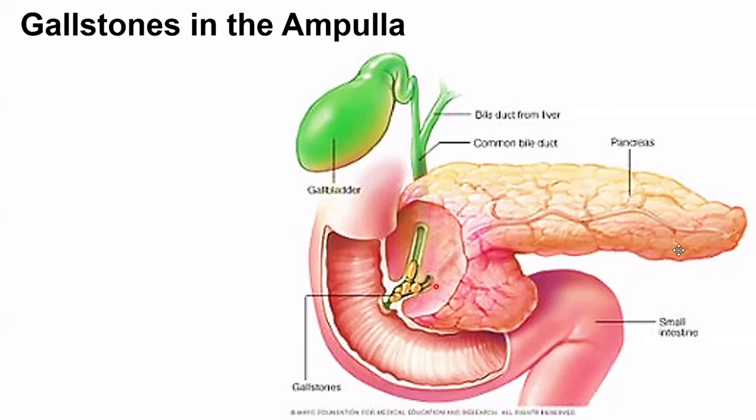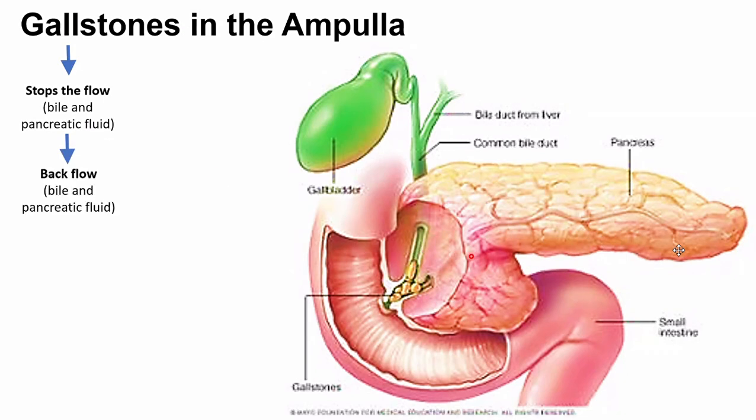So ito na yun ha. Remember yung gallstone in the ampulla, once may obstruction dito, babalik yung pancreas enzymes. Example, meron tayong stone dito, it will stop the flow of the bile and pancreatic juice. And siyempre, it backflows. Bumabalik yung mga bile and pancreatic.